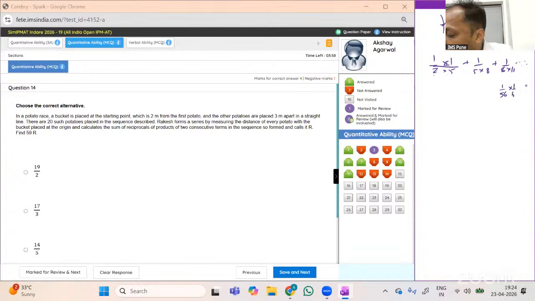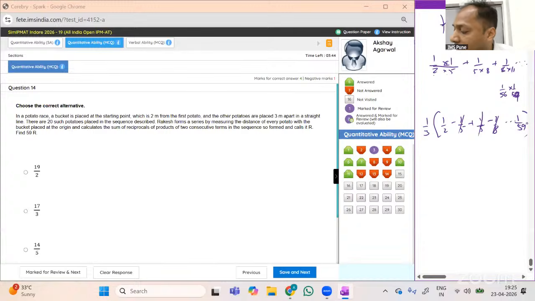1 by 56 into 1 by 59. And this is nothing but 1/3 of 1 by 2 minus 1 by 5 plus 1 by 5 minus 1 by 8 and so on till 1 by 59. So minus 1 by 5 plus 1 by 5 and so on, everything cancels out. This will be 1/3 of 1 by 2 minus 1 by 59. That comes out to 59 minus 2, that's 57 by 118 into 1/3.